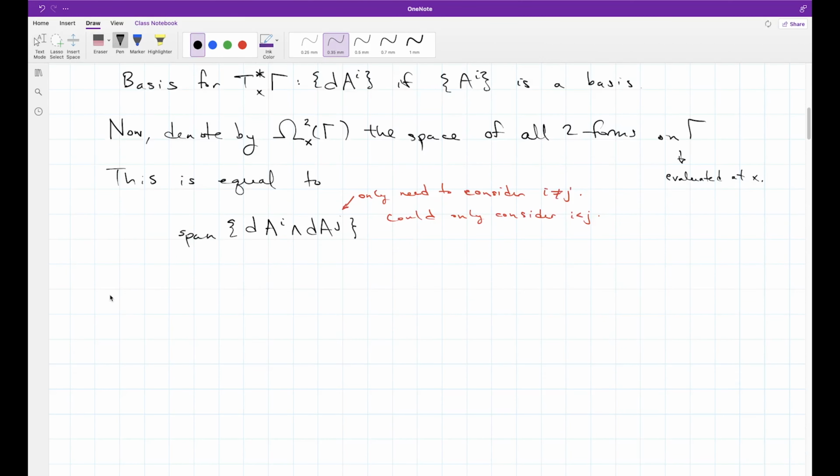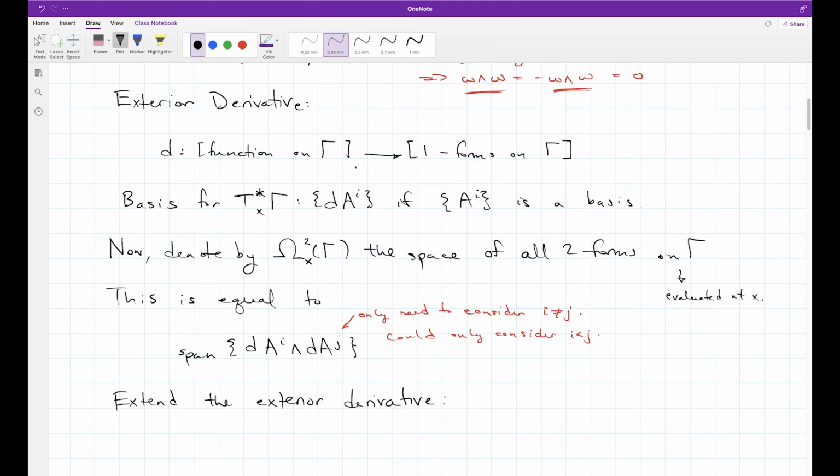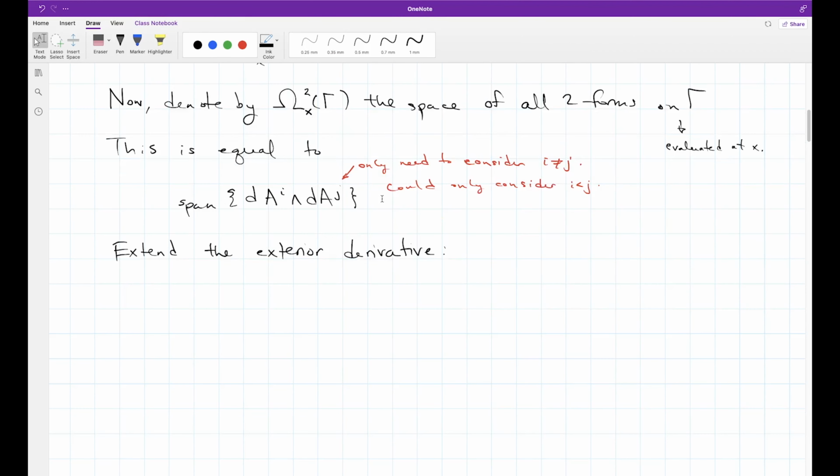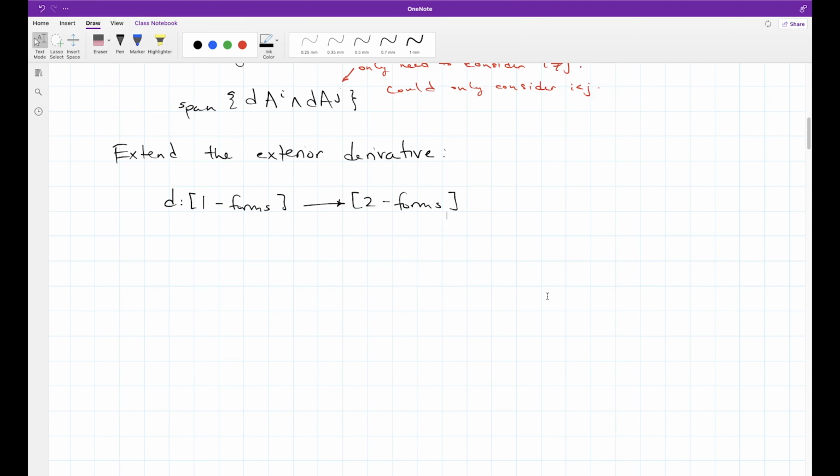So now, let's extend the exterior derivative as well. Whereas before, we had d going from functions to one forms, now we'll also allow d to go from one forms to two forms. And how does it do that?